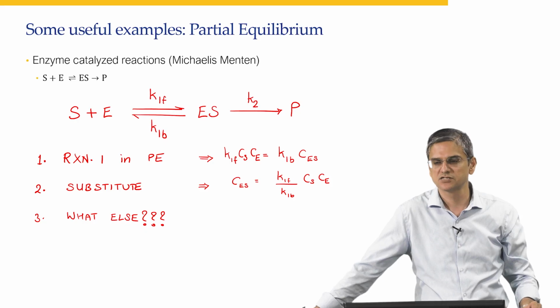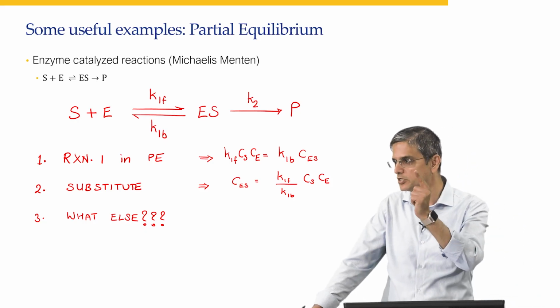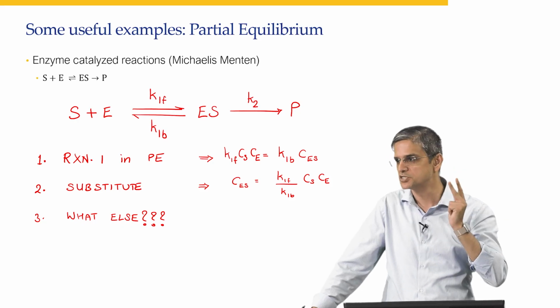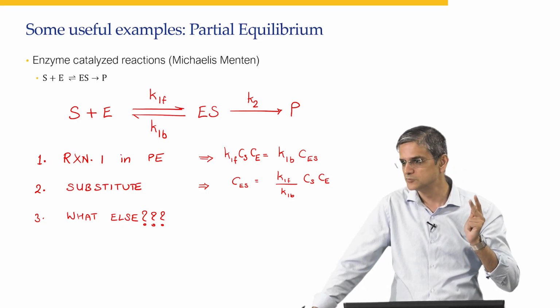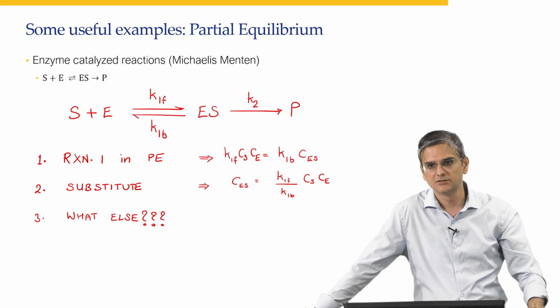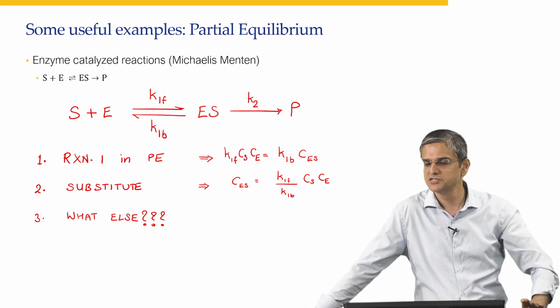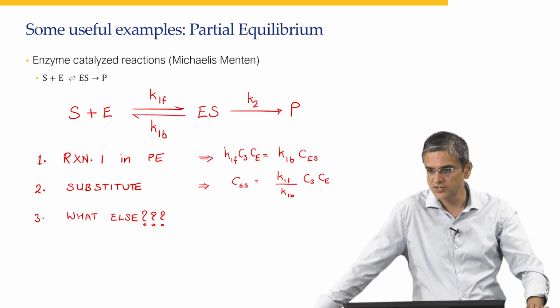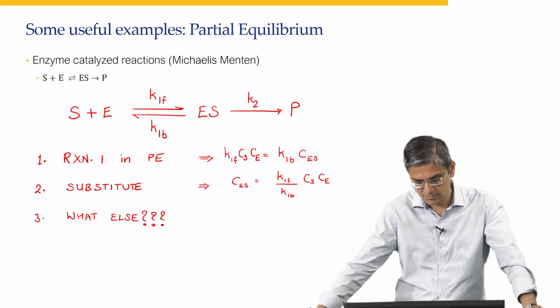The concentration of ES we have written in terms of a measurable quantity, the concentration of S, and an unknown quantity, the concentration of E. So, we need something else. What else? I think all chemists and chemical engineers would have done this in your undergraduate. What else is there? Sorry? Product?